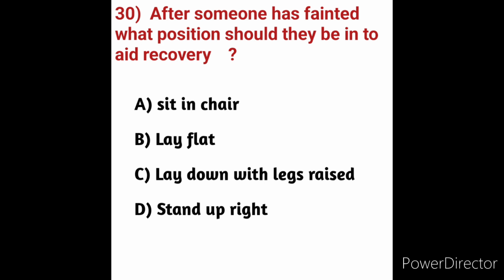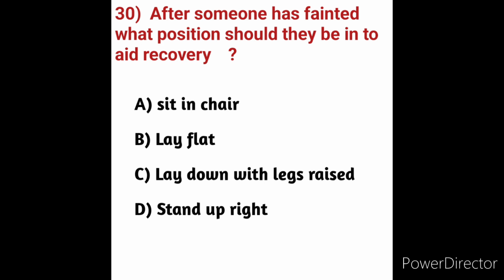What is the meaning of fainting? Fainting means a sudden temporary loss of consciousness. The most common reason is a sudden drop in blood pressure, which reduces blood flow and oxygen to the brain. So lying down with legs raised is the best position to recover from the fainting condition.